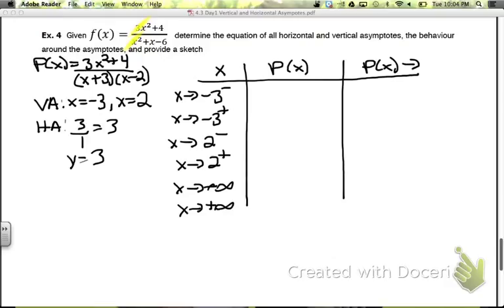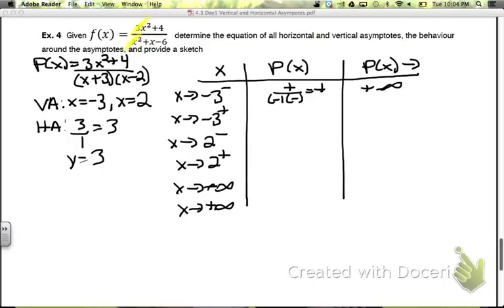So now we can take a value on the left hand side of -3, so say take the value of -3.1, and we're going to get that our numerator is positive over a negative times a negative, therefore giving us that our function is going to be positive, and therefore it will be approaching positive infinity.